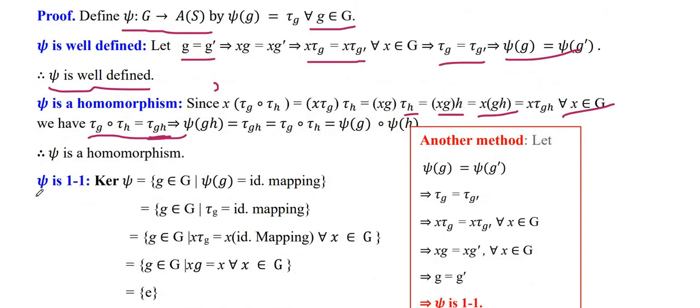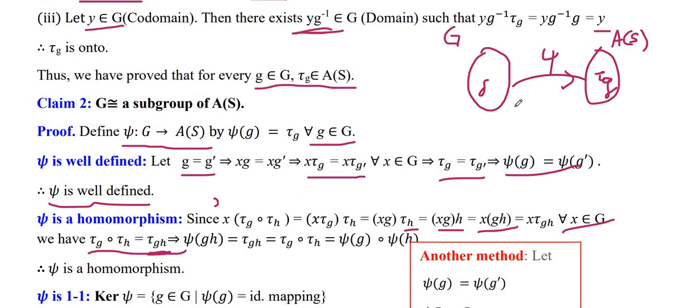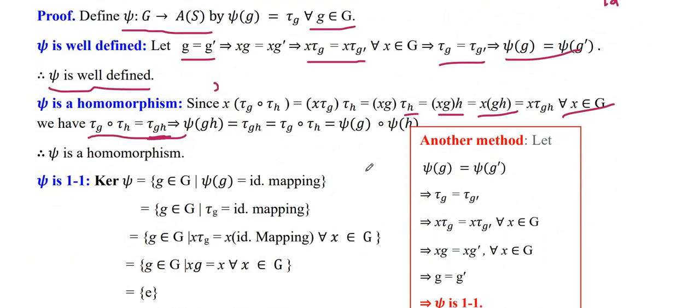Next we prove that psi is 1 to 1. For that we consider the kernel of psi, because psi is a homomorphism, we can talk about kernel. It is all those elements in the domain which are mapped onto the identity element of the codomain, that is the identity mapping.